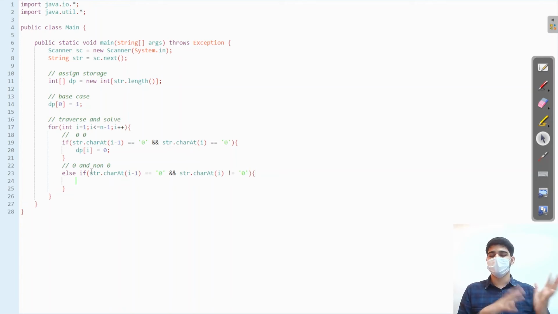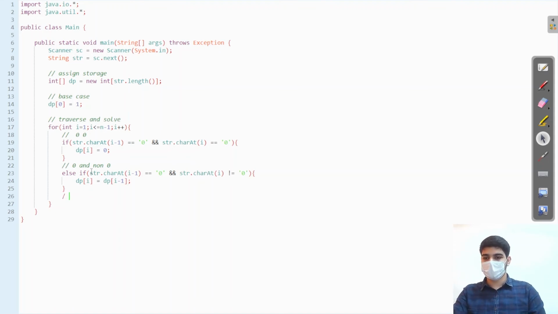In this case, if I have 0 and non-zero, I could only make a single call. I cannot make a call with 0 in the number, so I can only make a call to dp of I minus 1, with the non-zero number.